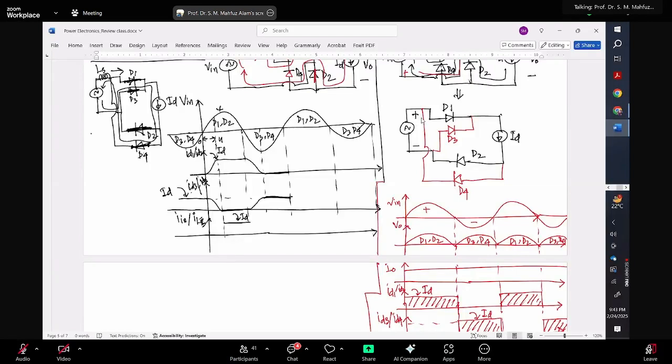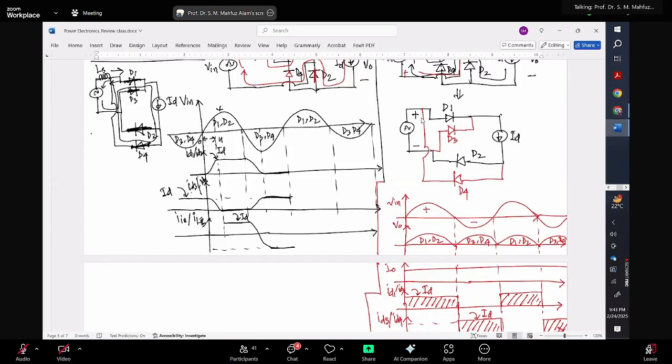And then during the transition period from D1, D2, the current through D1 and D2 is decreasing and the current through D3 and D4 is increasing, so it will transition from ID to minus ID, because the direction of the current will be reversed during the negative half cycle.